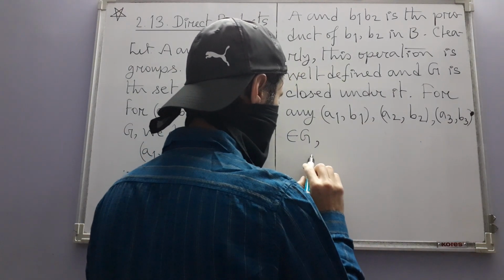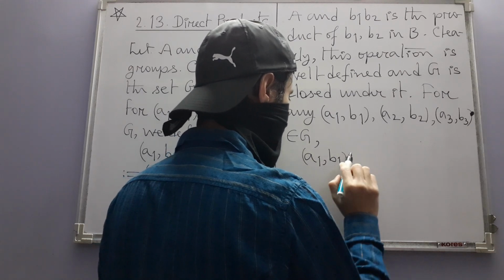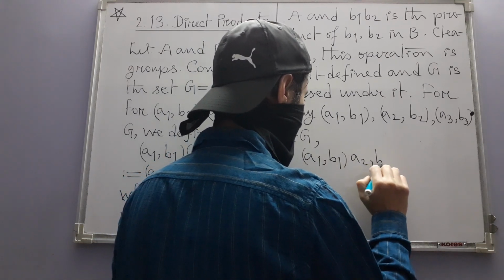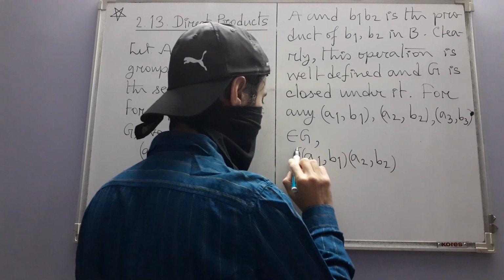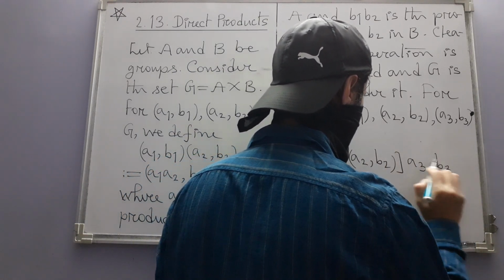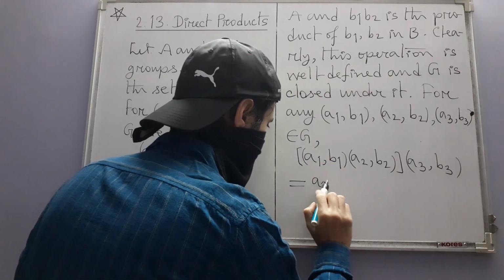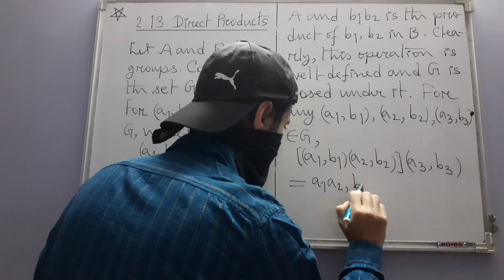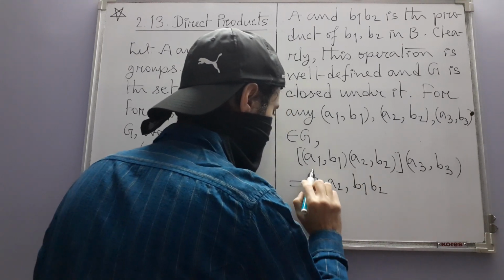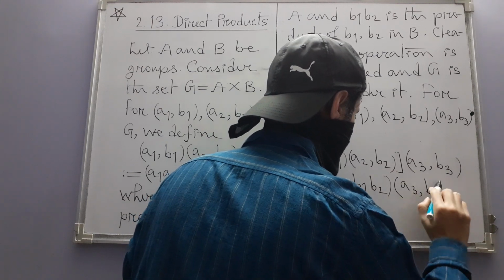We calculate this product: A1, B1 times A2, B2 times A3, B3. This will be A1, A2, B1, B2 times A3, B3.